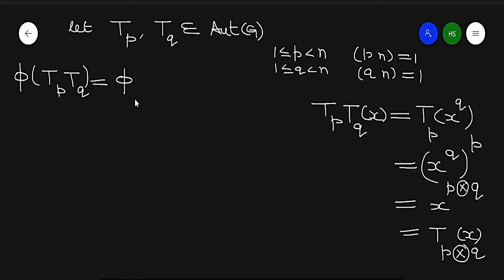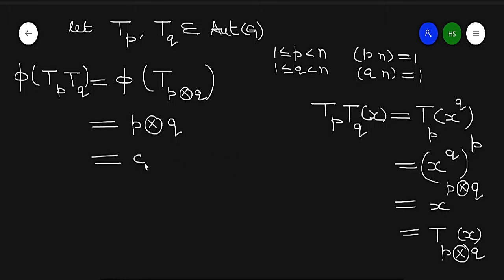So phi of this, by using this result, is T of p multiplication modulo q. By definition, this is p into q, multiplication modulo, which is the binary composition on the right hand side.